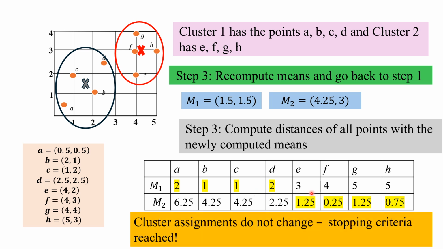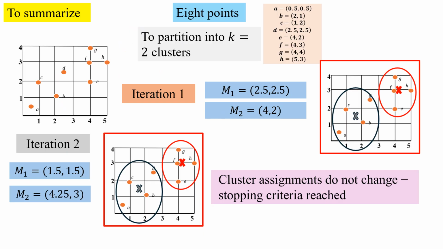So the cluster assignments do not change. So what happened? We took the same set of 8 points but started with 2 different initial means.